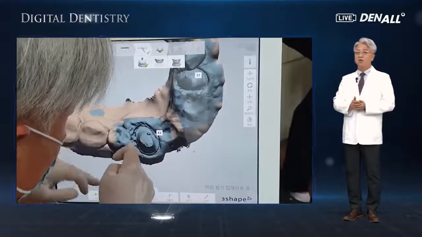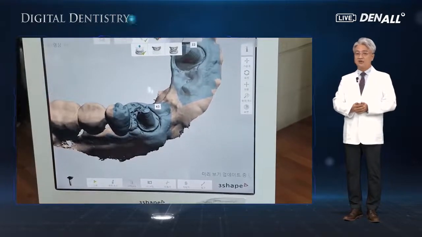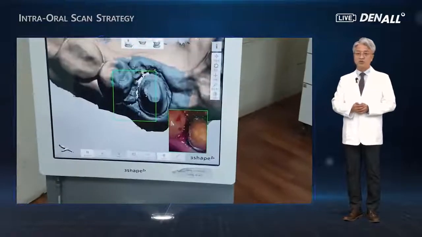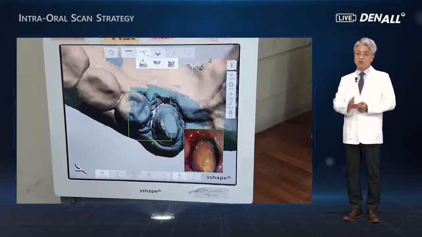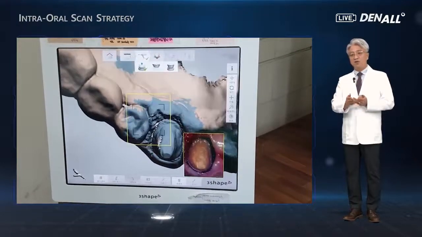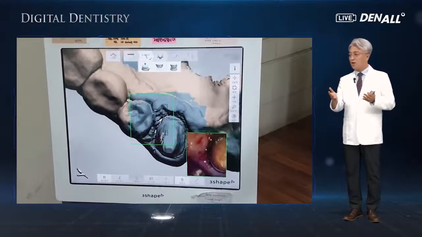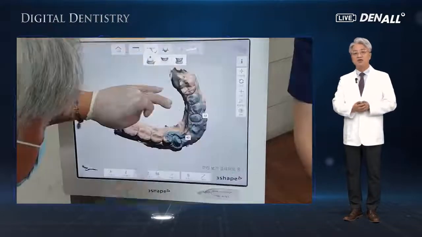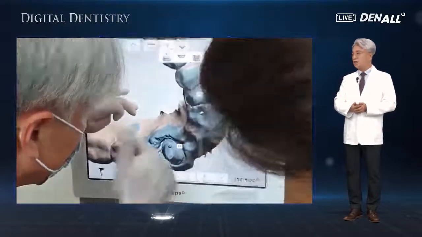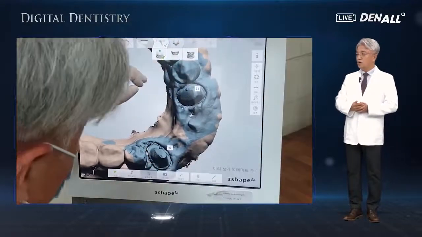In the empty space, rubber impression material is pushed in and the impression is taken. I scanned like that for years in the past, but as you saw in the previous video, I don't remove the second cord of the double cord, and I pack it a bit more to scan the margin area and sulcus area by blocking blood from coming out these days. So scanning has become a little bit easier. This is the way I acquire the scan data.